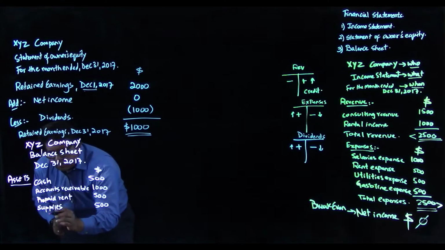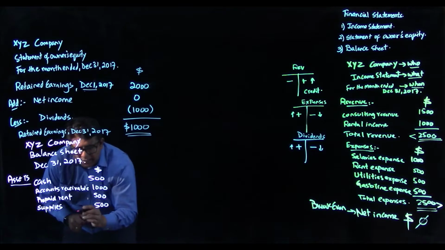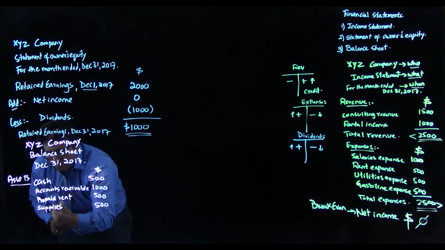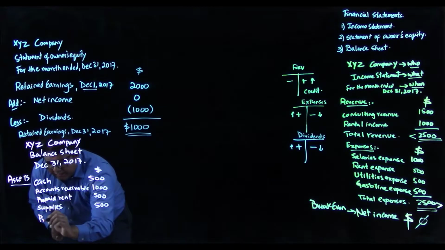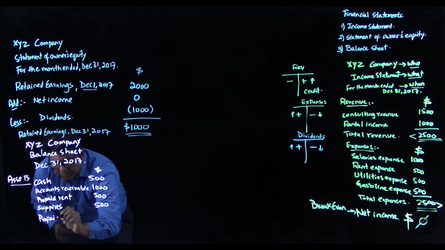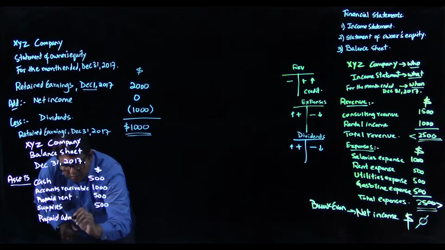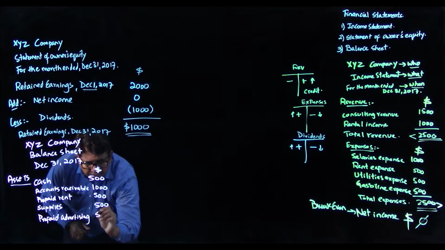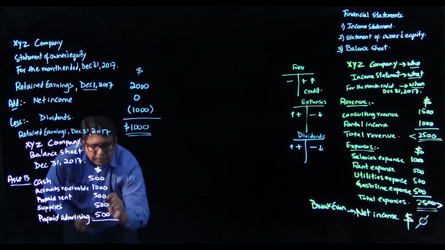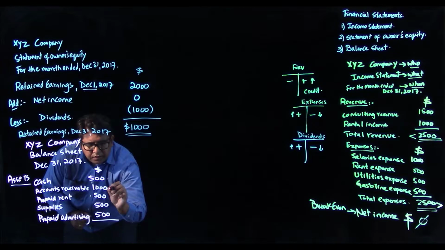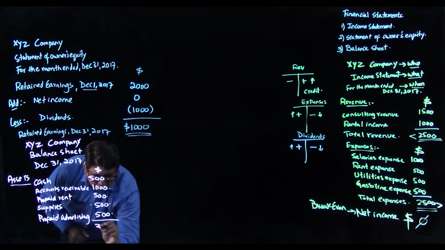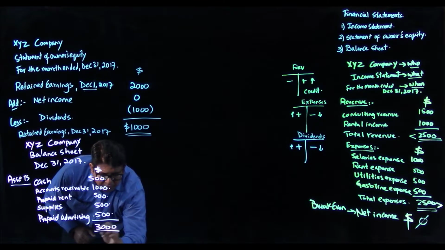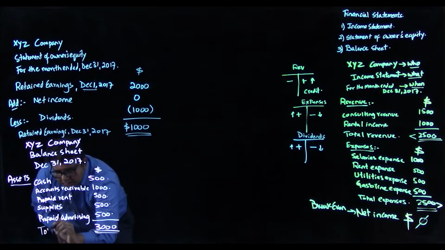Let's say we also had prepaid advertising, which is another asset, for 500. So 1,500, 2,000, 2,500, 3,000. So 3,000 will be your total assets.